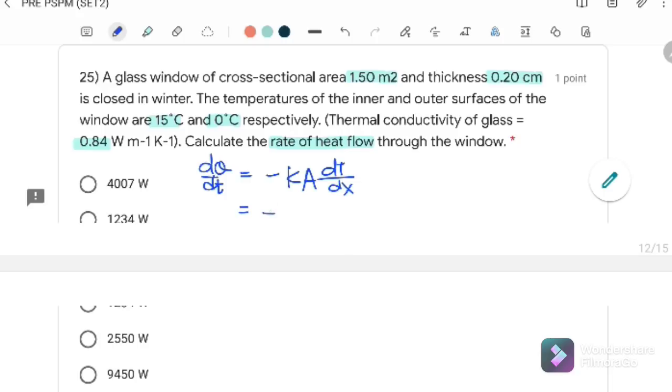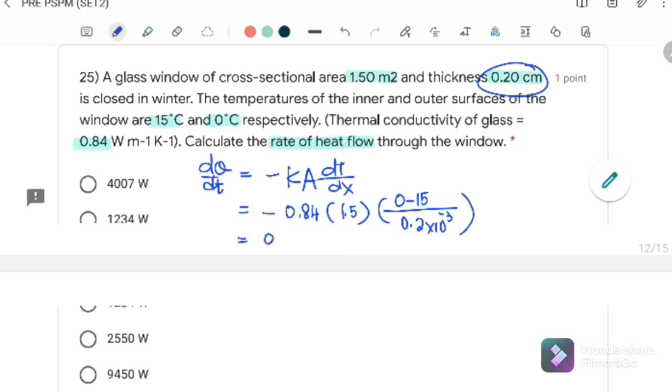So we substitute the thermal conductivity 0.84, area 1.5, temperature 0 minus 15 over x is 0.2 cm, so we convert it into meter. So the rate of heat flow for question number 25, we will get 9,450 watt. So the answer is D.